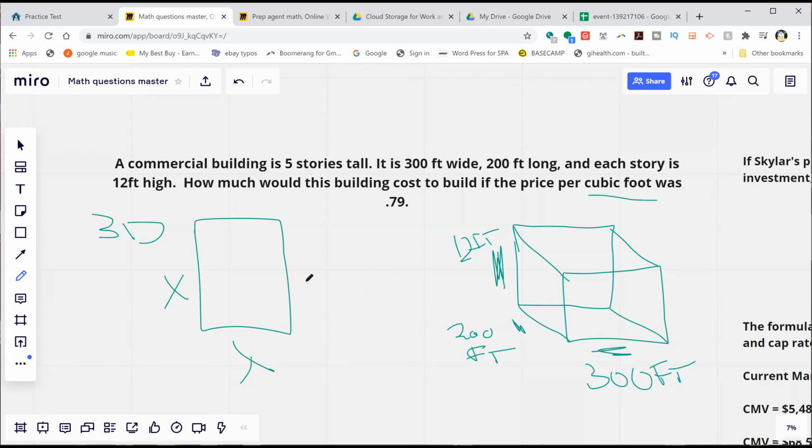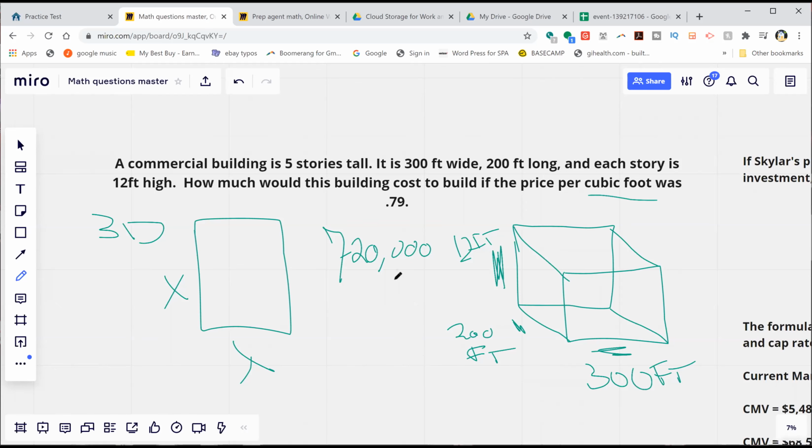I'm going to do this along with you. So we have 300 times 200 times 12 is 720,000, right? So that's how many cubic feet are in each story. Each story is 720,000 cubic feet, okay?